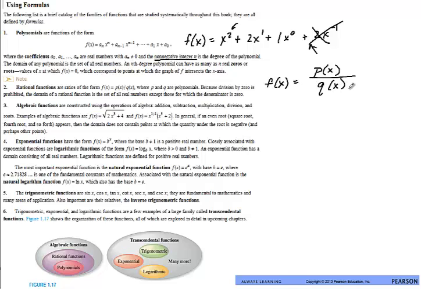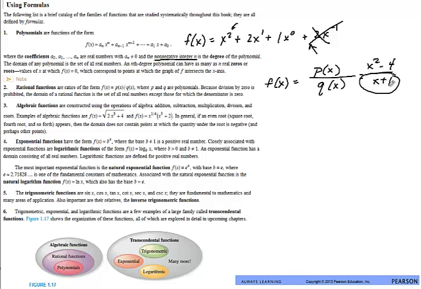These rational functions you have to watch out for, because when you're looking at the domain, I can't have a 0 in the denominator. So let's say that I had some x squared minus 4 over x plus 1. I would have to look at this and note that I can put anything in for x except negative 1. So I would have a restriction on the domain.